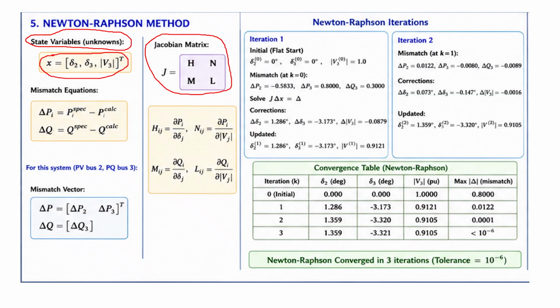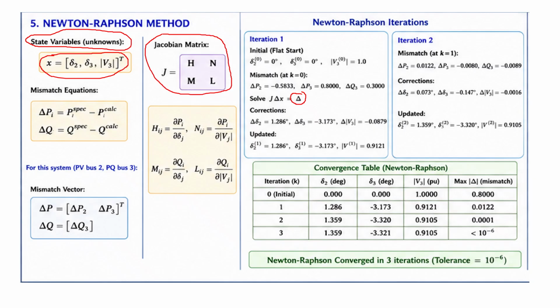So at k equal to 1, we'll calculate at the flat start. By changing the variable like this, we'll solve. What we call the Jacobian times the correction factor is equal to the negative of the function evaluated at the flat start. By solving that, we calculate the change in variable. The change in variable plus the original variable will give the updated new one.